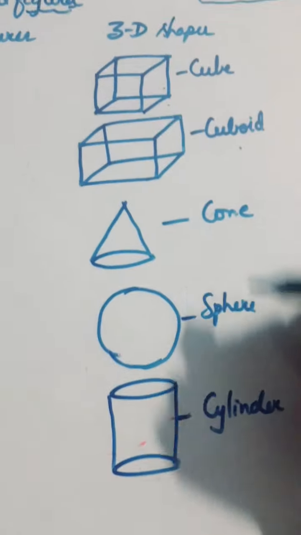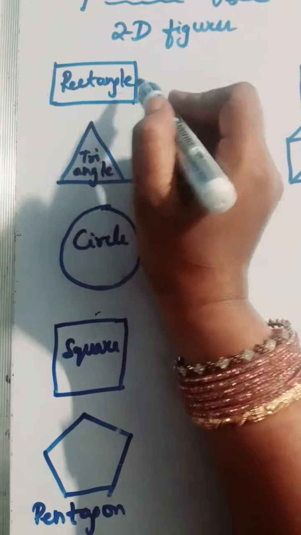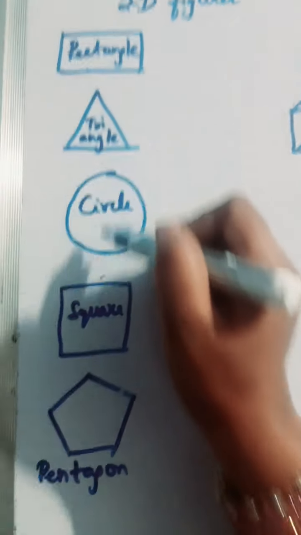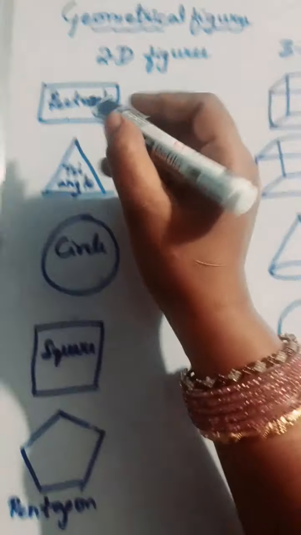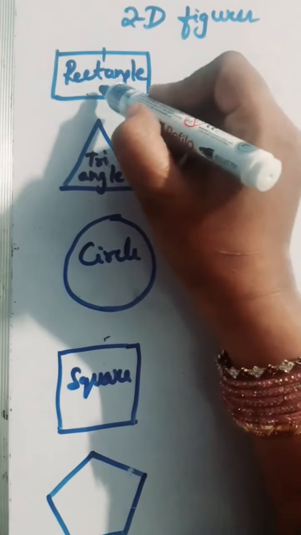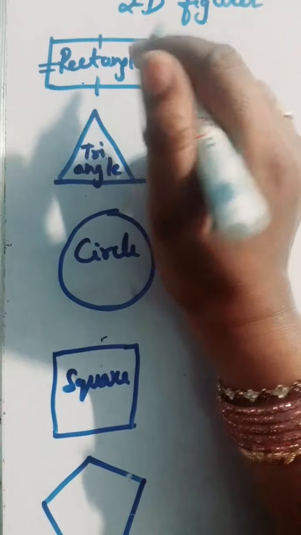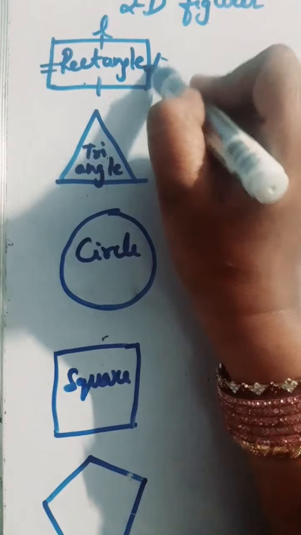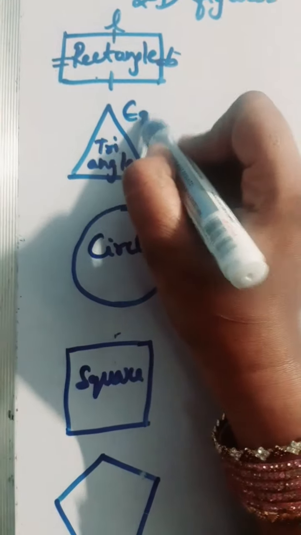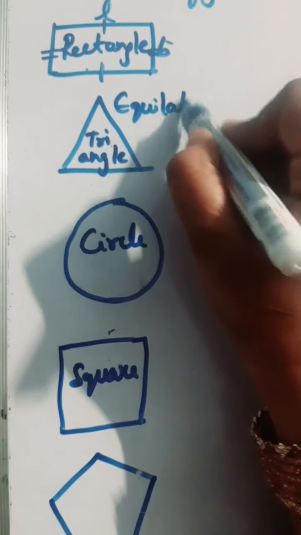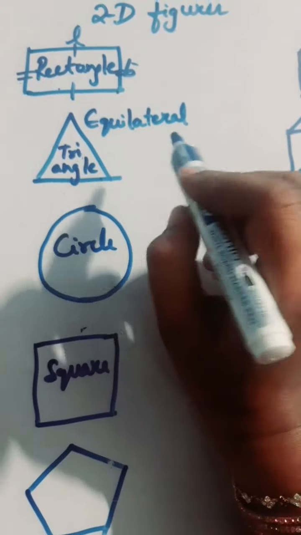Children, before going to the 3D shapes, let us look at some of the 2D figures. Let us know some of the properties of the 2D figures before we move on to 3D shapes. In a rectangle, the opposite sides are equal and parallel, we know, and it has two dimensions, that is length and breadth. In earlier classes, we have learnt about regular polygons, children.